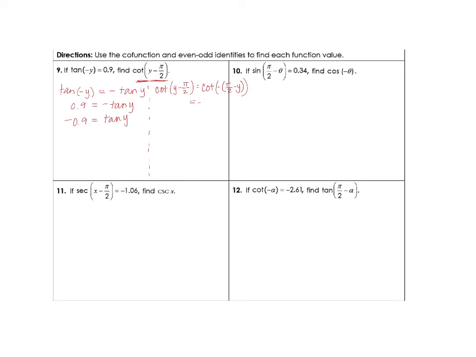And so that's going to be negative cotangent of pi over 2 minus y. And so I know from that identity here that that's going to be equal to negative tangent of y. And so back up here, we have both those values. Well, since I know it's negative tangent of y, here I have 0.9 is going to be negative cotangent of pi over 2 minus y.